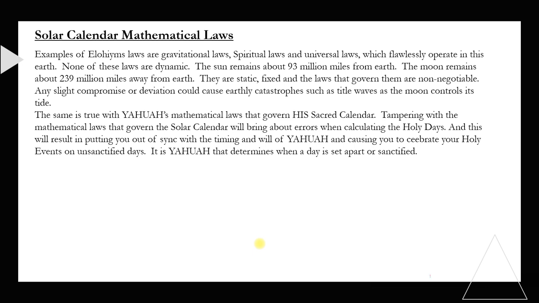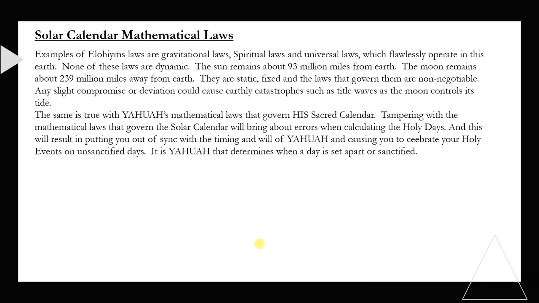Any slight compromise or deviation could cause earthly catastrophes such as tidal waves, as the moon controls the tides. And the same thing will happen if the sun moves even a couple inches closer to Earth, we would burn. So the laws that govern where the sun sits in the celestial are static. The same is true with Yahuwah's mathematical laws that govern the sacred calendar.